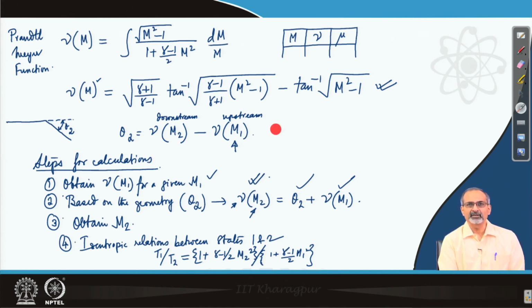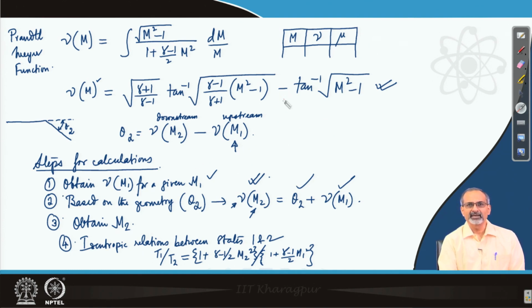Of course, those are dependent on M1 and M2 respectively. So, you know M1 and therefore nu of M1 can be obtained, and based on the geometry you can express nu of M2 by this equation, where the right hand side is known to you, and based on that you can calculate M2 either from tables or iteratively from the equation that you saw over here.